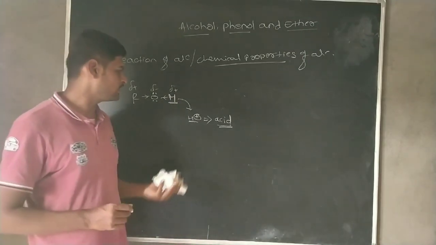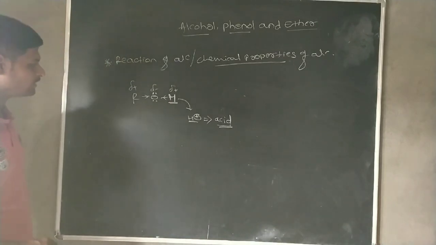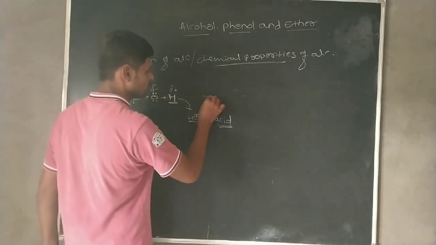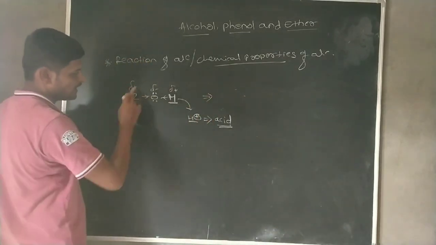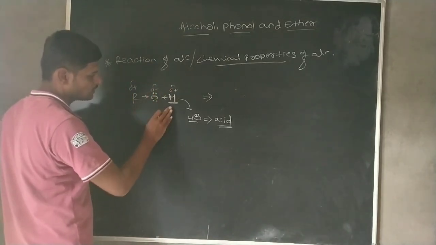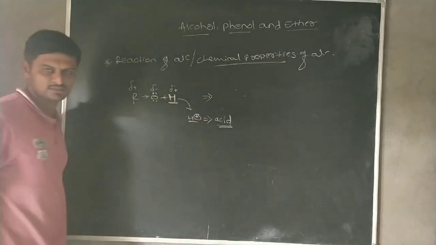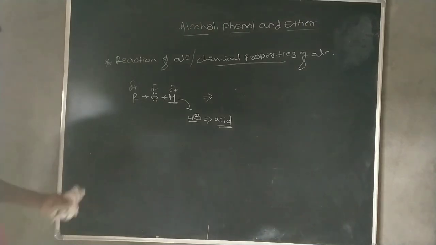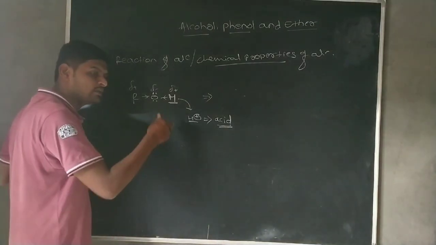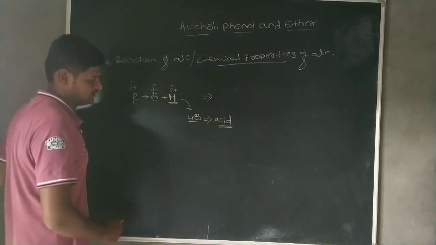Okay. Then according to this concept, this hydroxyl group or this alcohol donates the H plus ion. This hydroxyl group donates the H plus ion to any other electron rich species.